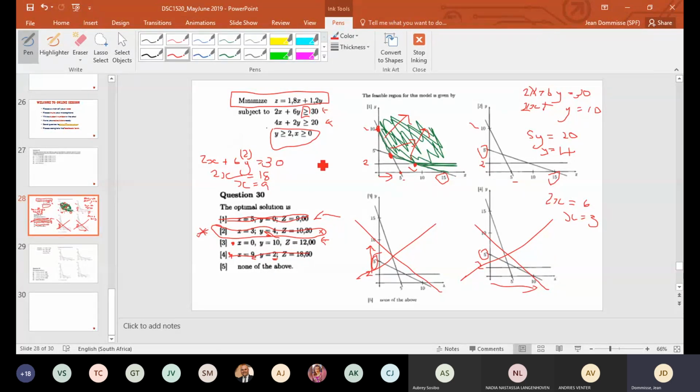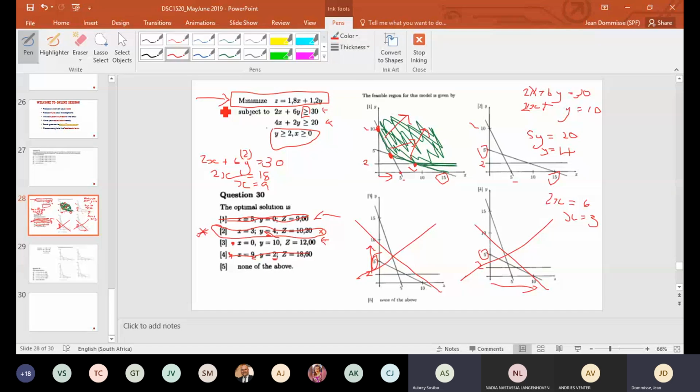So you solving to see which one of those 3 points, if you use those x and y variables and you substitute it into your profit function, will give you the smallest number. So that is basically what you're doing.